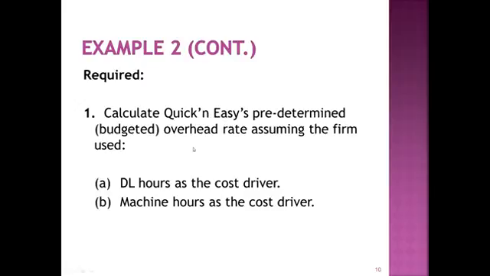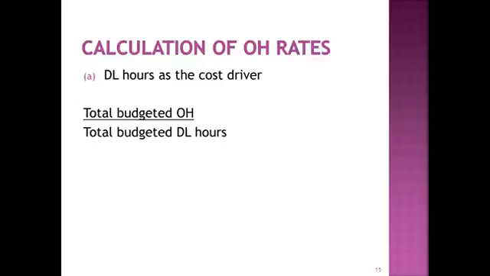So what we're required to calculate is Quick and Easy's predetermined budgeted overhead rates, assuming the firm used firstly, or A, direct labour hours as the cost driver, and secondly, machine hours as the cost driver. Okay, so firstly, we're going to use direct labour hours as the cost driver. So remember the formula is total budgeted overhead over the total budgeted direct labour hours.